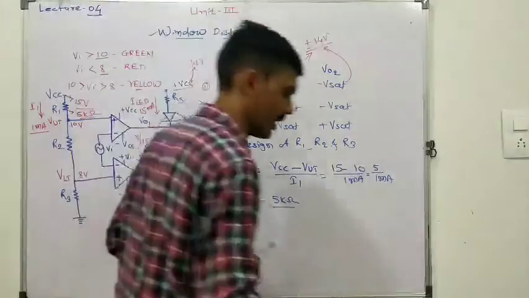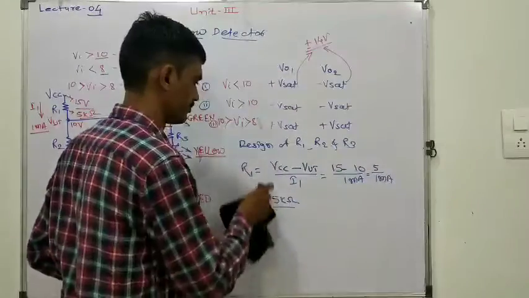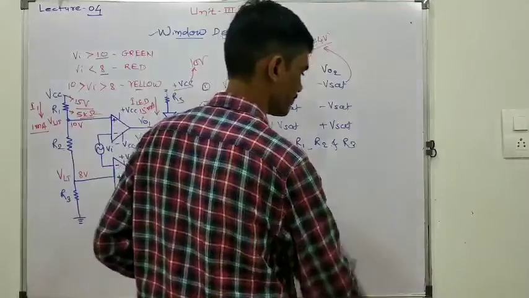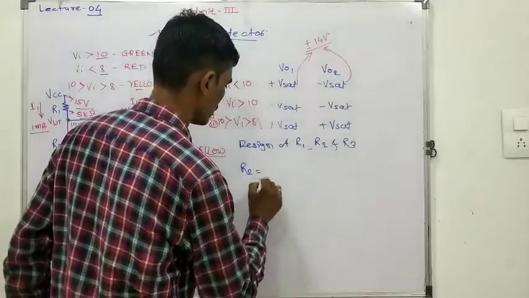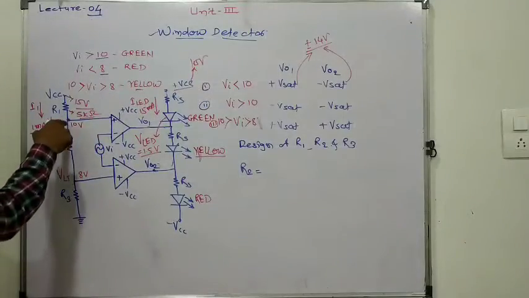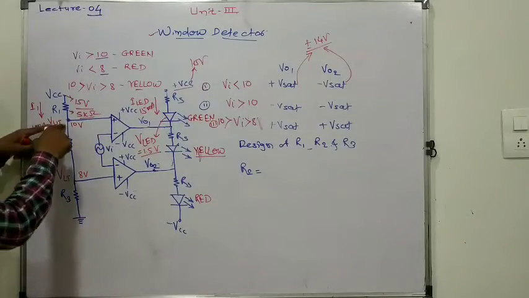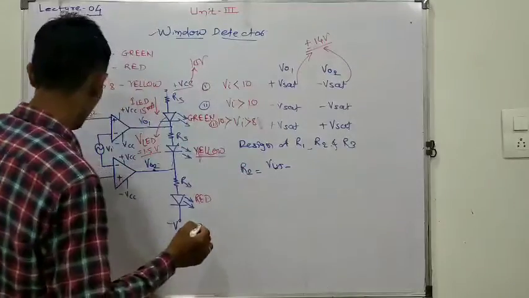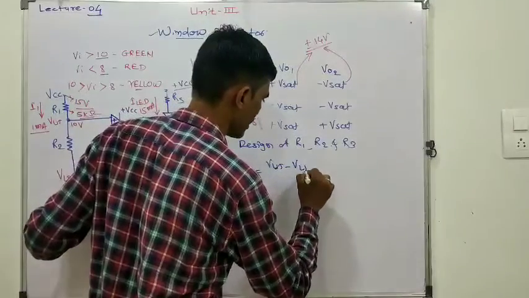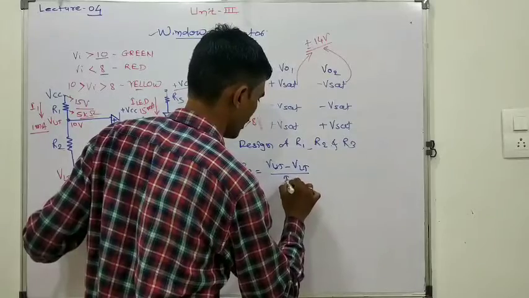Similarly, if we want to calculate the R2 value, how are we getting it? R2 is equal to the voltage at this point, that is VUT, minus VLT, divided by I1.